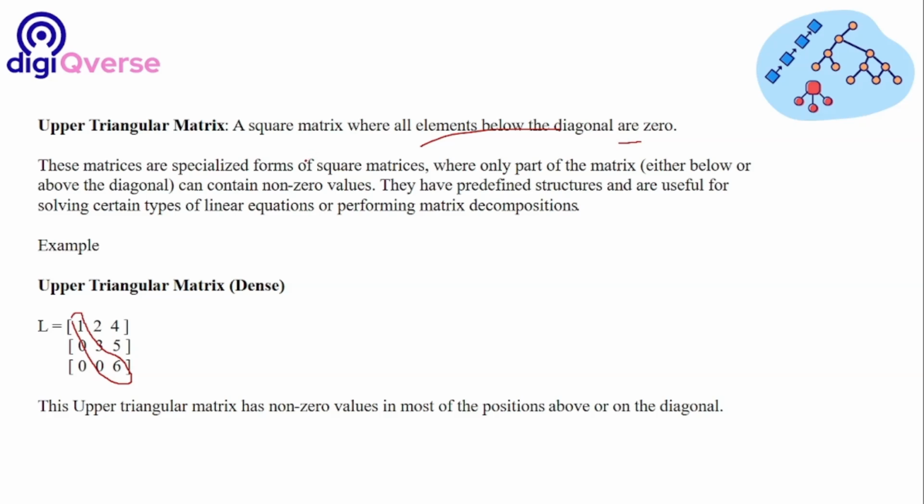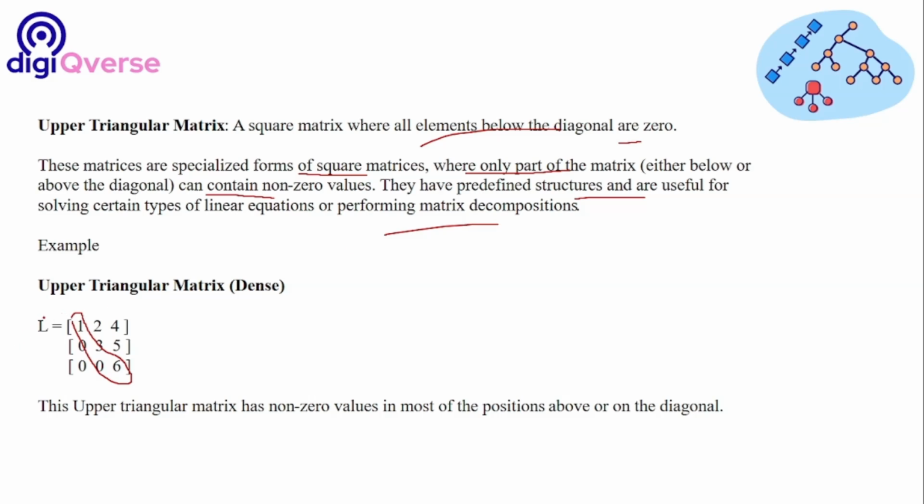So these matrices are specialized forms of square matrices, where only part of the matrix, either the below or the above, can contain non-zero values. They have a predefined structure and are useful for solving certain types of linear equations in mathematics or performing matrix decomposition. So this is the usage of lower and upper triangular matrices.